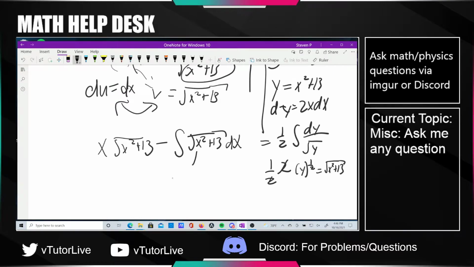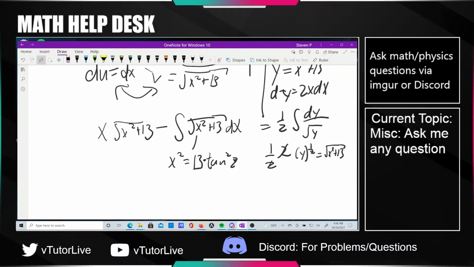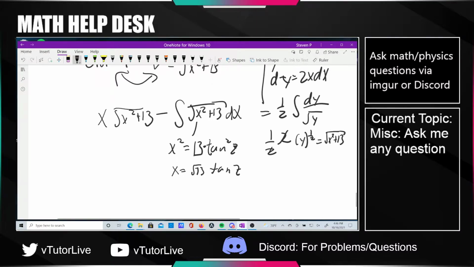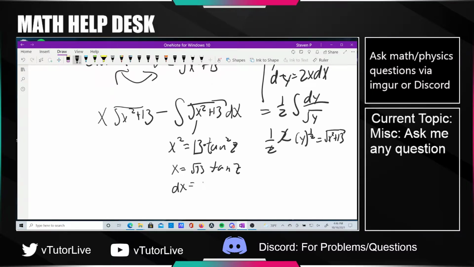So I basically said, okay, we want to let x squared be equal to 13 tangent squared of z, in order to make use of one of the tangent identities. So then, okay, x is equal to rad 13 tan of z, and then dx is equal to rad 13 secant squared of z.